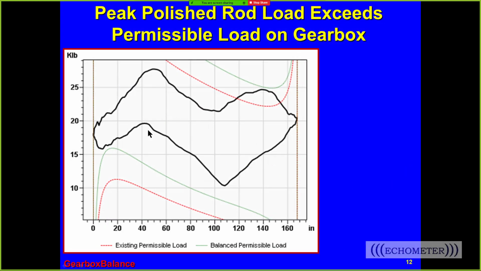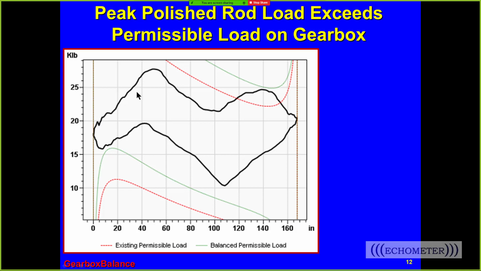Now this is a permissible load diagram. This is one of the examples we have, and the example is called gearbox balance, and we've used this example a lot. The plot is called permissible load, and we're making a plot of the surface loads measured by the load cell.